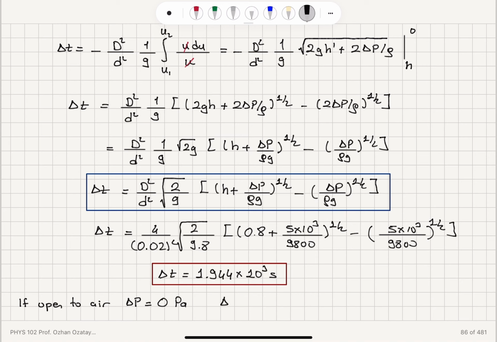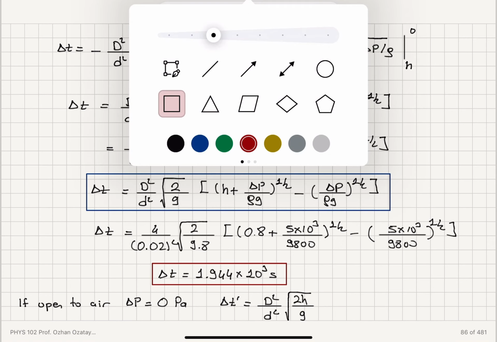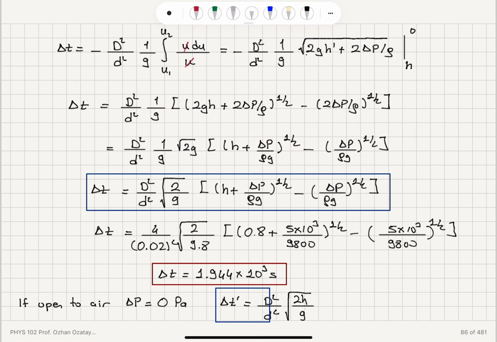And then I would have a new delta T value, which is capital D squared over small d squared. Now you can see I'm substituting delta P equals 0 here, so this will become square root of 2H over G, and that's my symbolic answer.